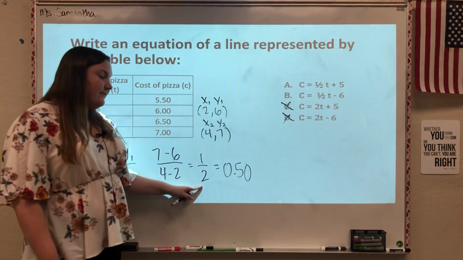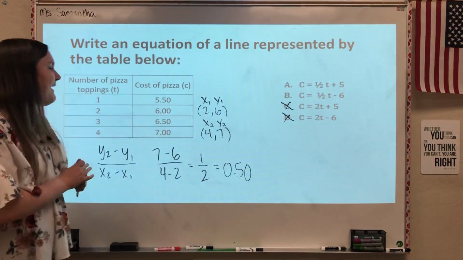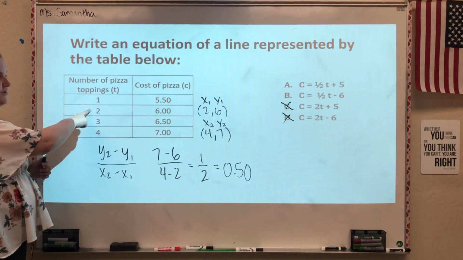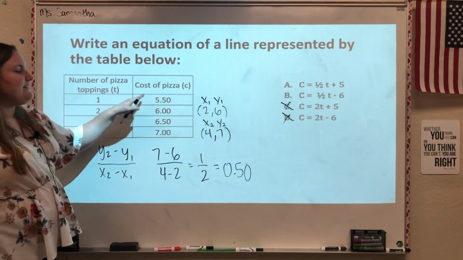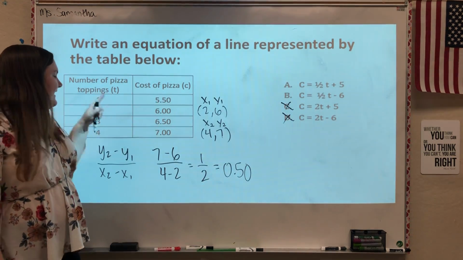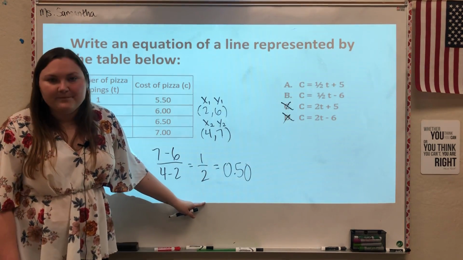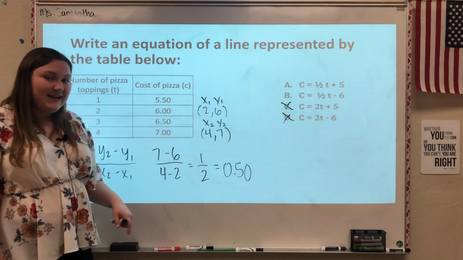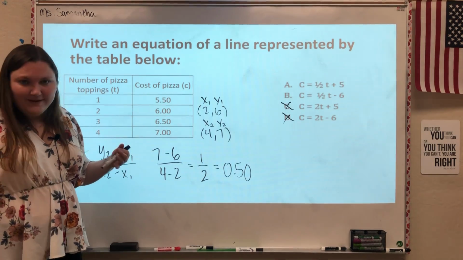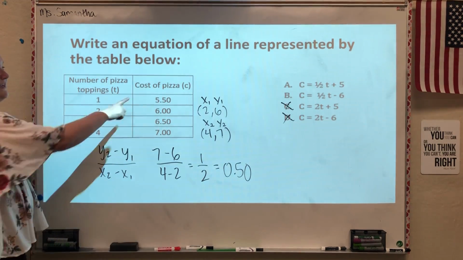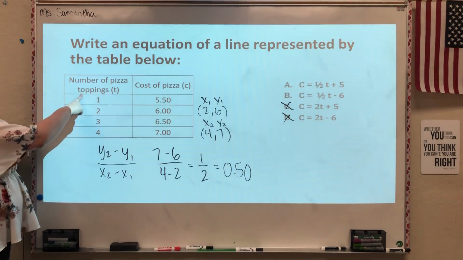This half, or 50 cents, goes back to the idea that each topping you add makes the cost go up 50 cents. Each topping costs half a dollar. So that slope right there, that half, it does represent slope, but it also represents the cost of one topping.